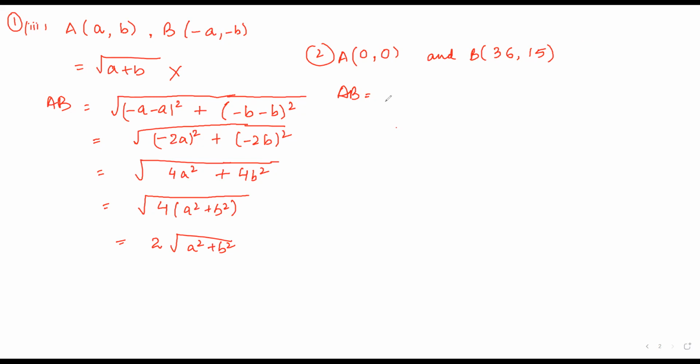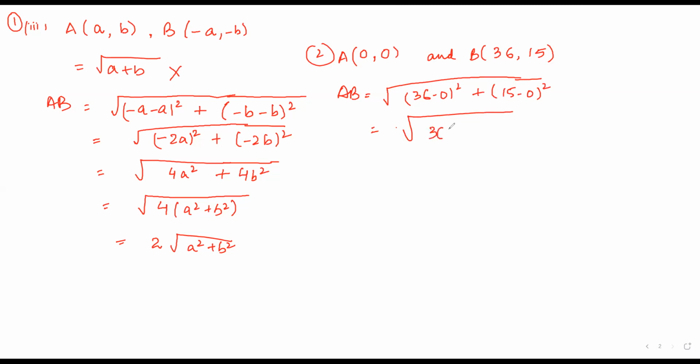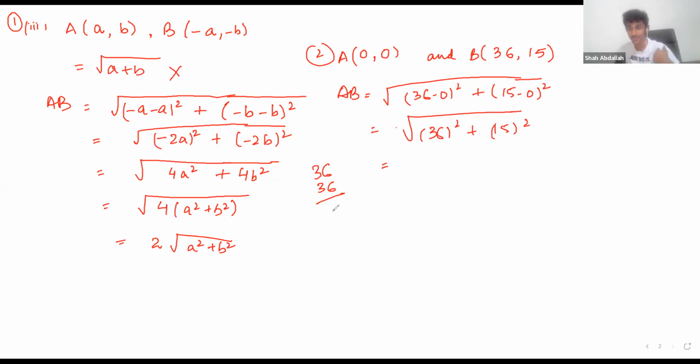Fine. You will get something like this. 36 minus 0 whole square. Is this okay? Now, so this means 36 whole square and plus 15 whole square. So what should I write now? 36 into 36 is equal to what? So multiply and check. Multiply it. Who will do it? I should multiply. Yes, obviously.